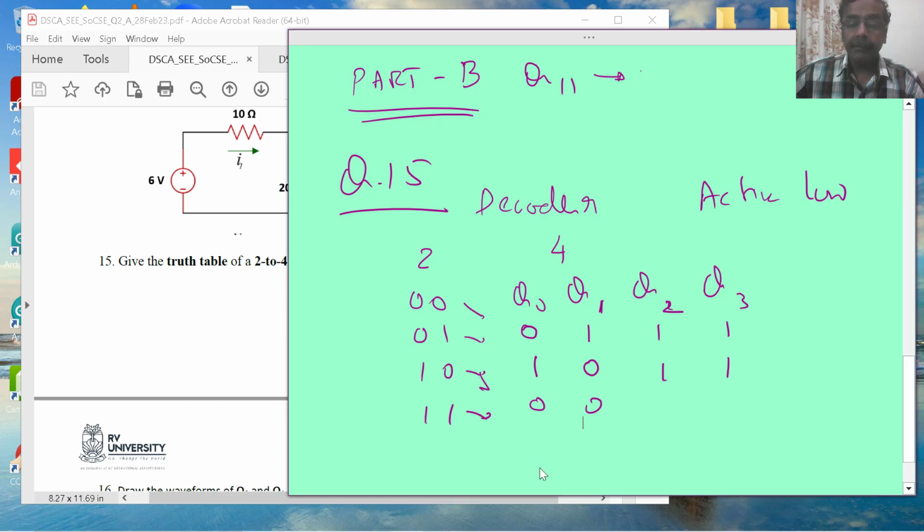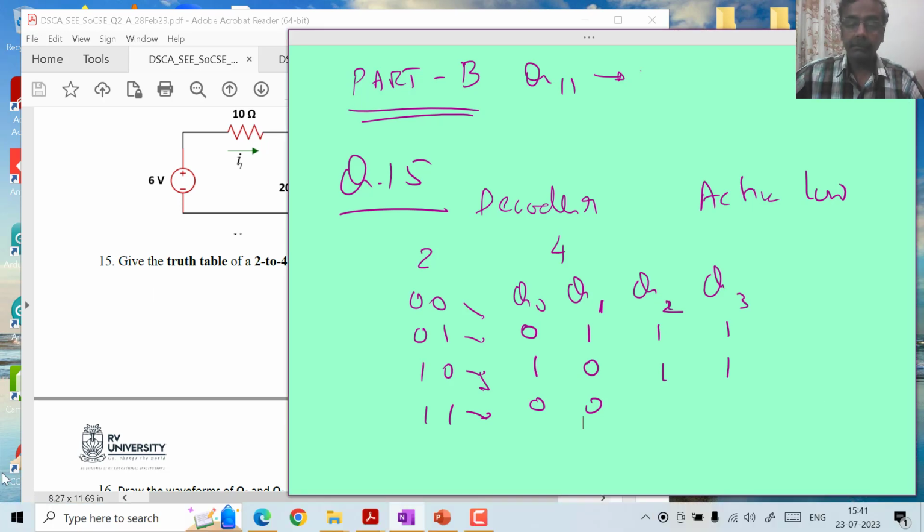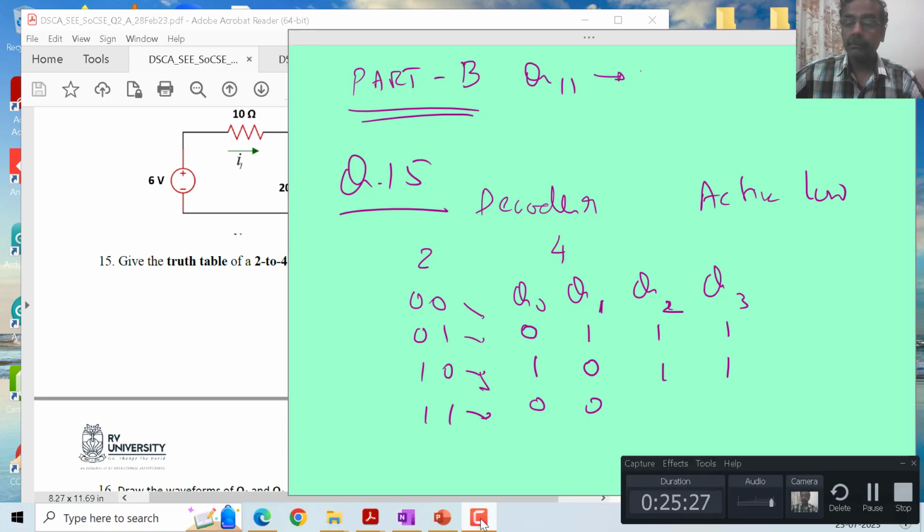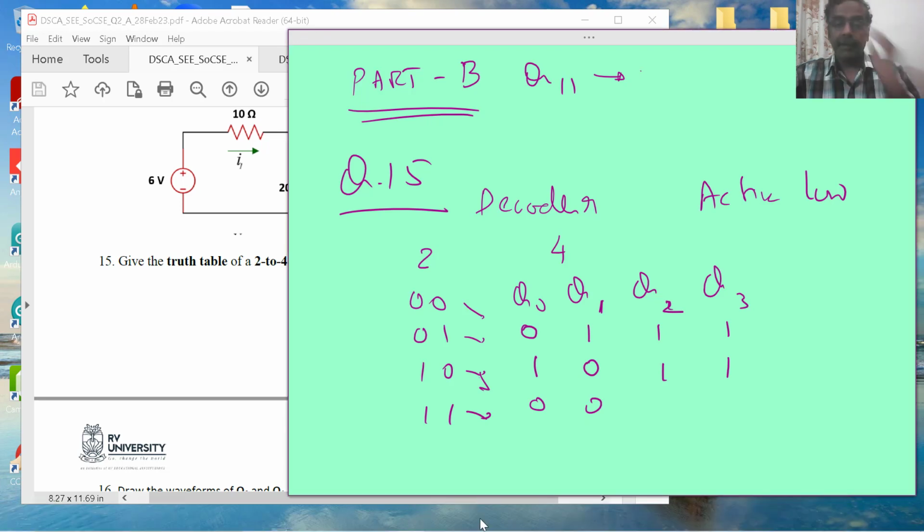Let me tell you, okay, I made a mistake here. Let me erase it. This should be 1, and this is 0, and this is 1, and then 1 1 is 1 1 0. So let me write it here for clarity purpose. 0 1 1 0 1 1. So let us remove it.